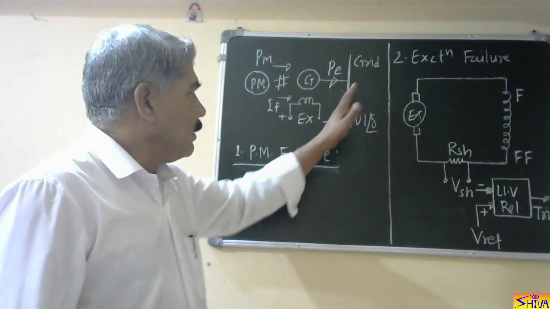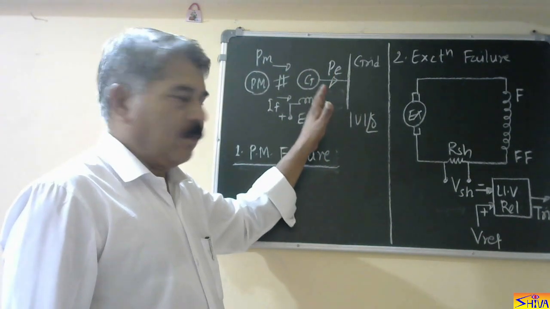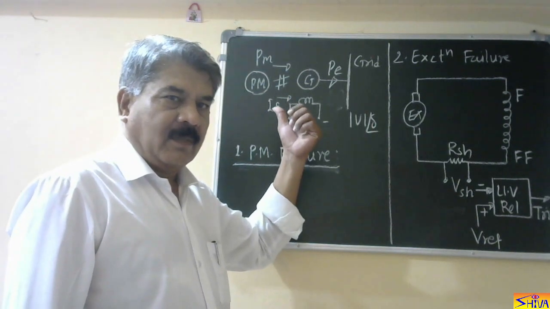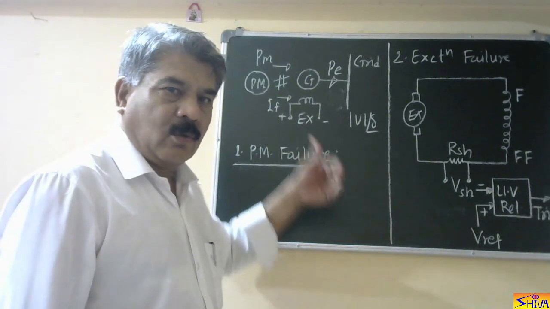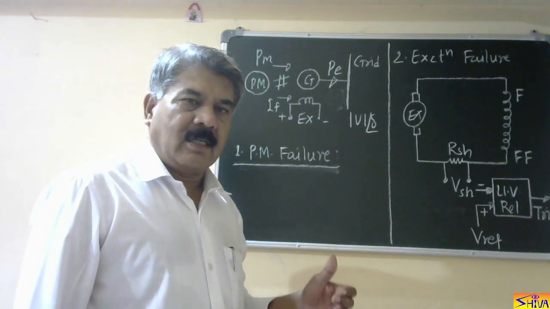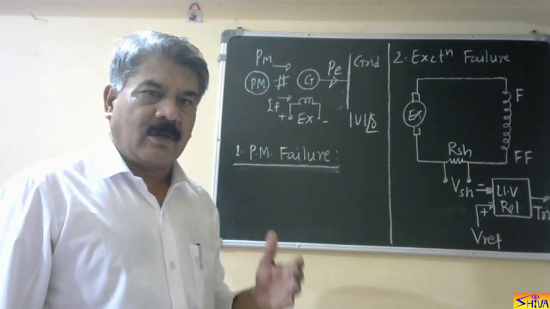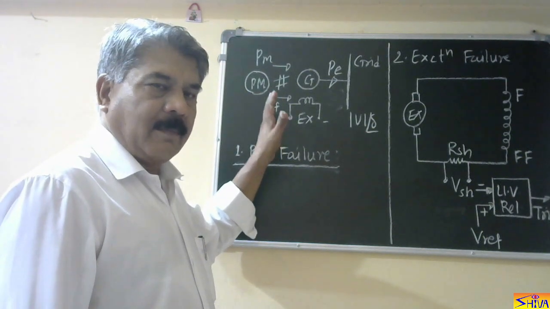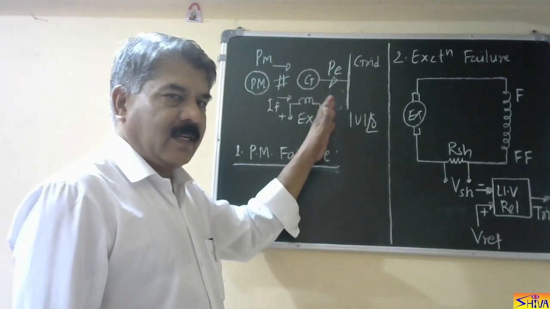Number one, there is reverse in the direction of power flow. First, it was supplying the electrical power, now it is drawing the electrical power. Second, it starts driving this turbine as load on this. So due to this, the turbine gets heated. And if this condition persists for longer duration, then this turbine may fail. Turbine may be damaged.